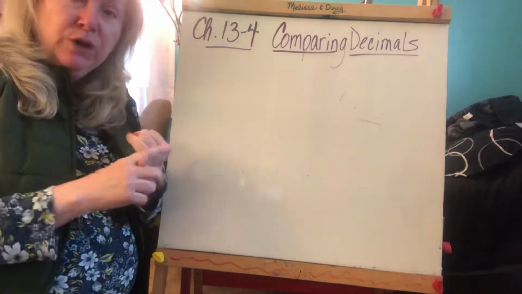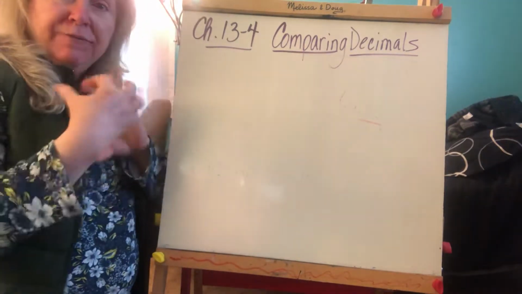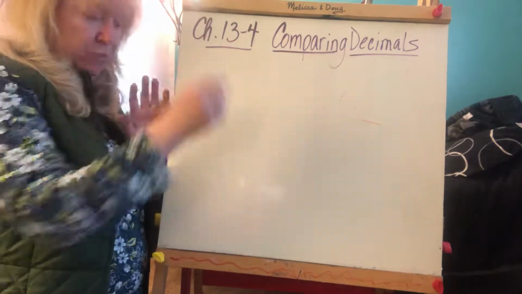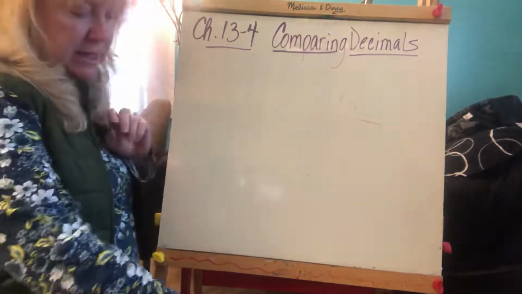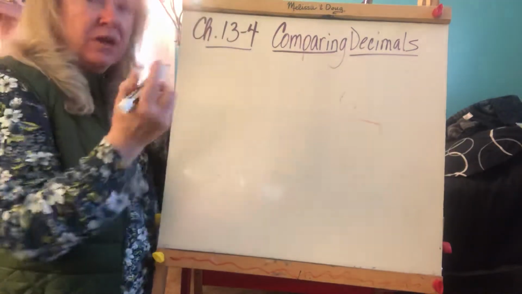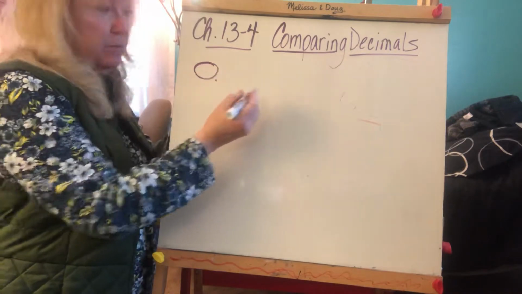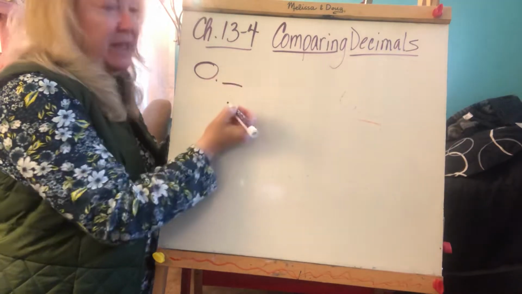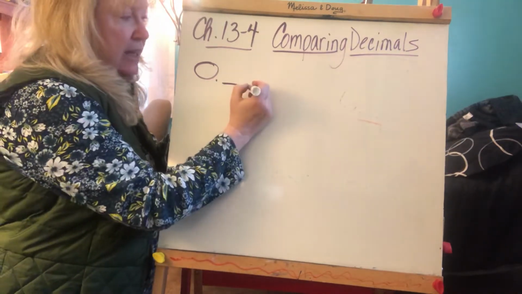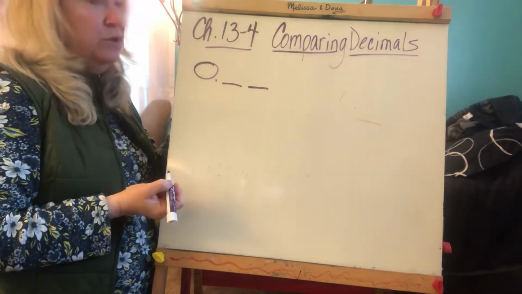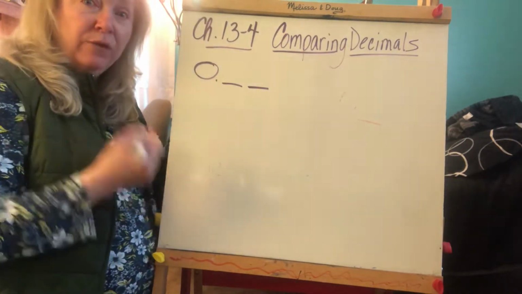So we've already learned how to convert a fraction to a decimal. If we're comparing numbers that are smaller than 1, we have a 0, then our decimal point, then one place for our tenths and a second place for our hundredths. We learned how to do numbers that are greater than 1.